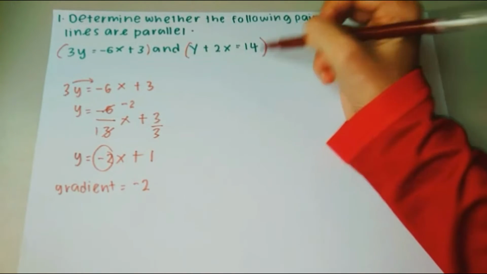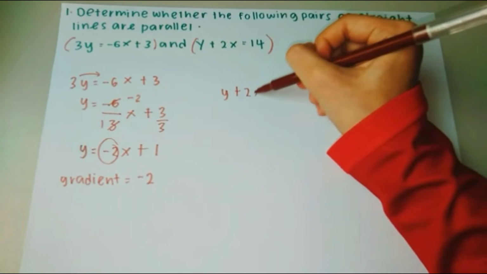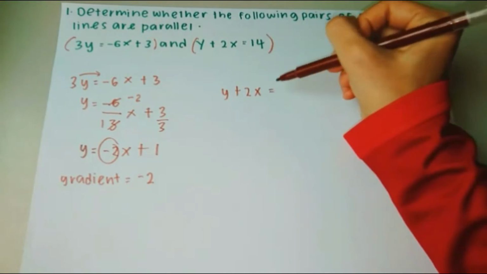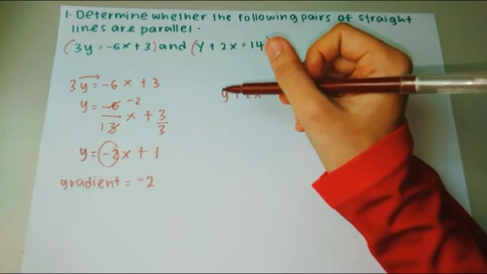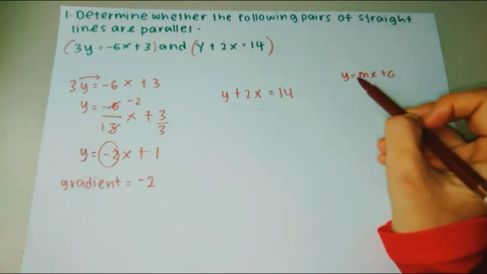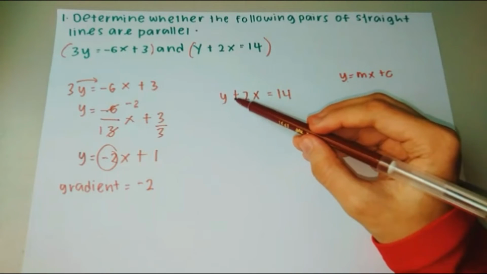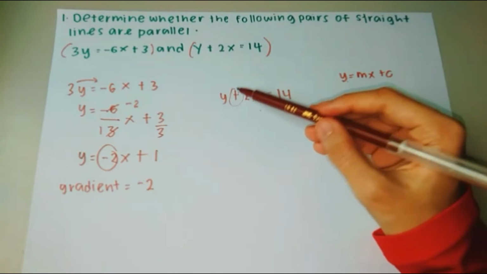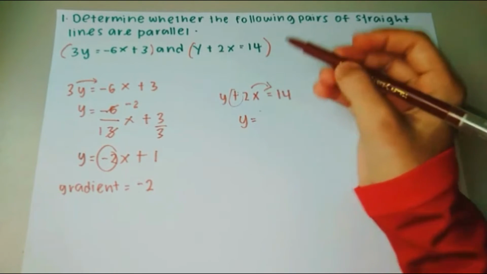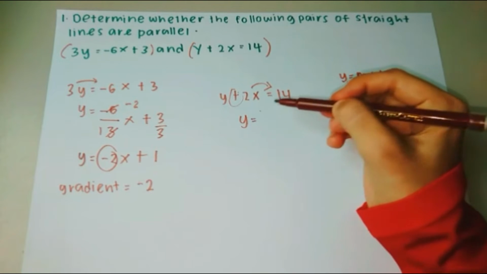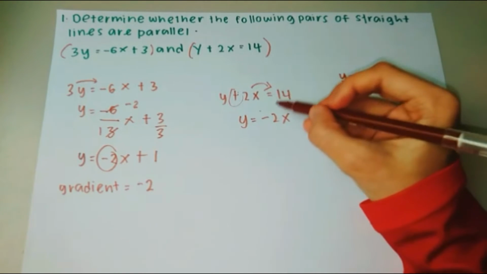Next, we have to solve the second question. For this question, we have to follow the same equation, that is y equal to mx plus c. First, we have to bring the 2x to the back. So we will get y equal to negative 2x plus 14.